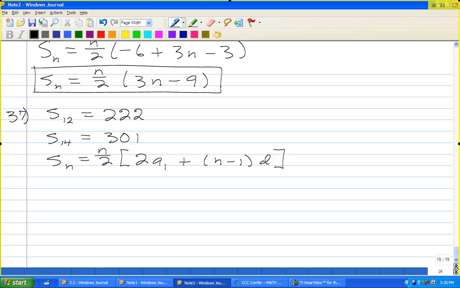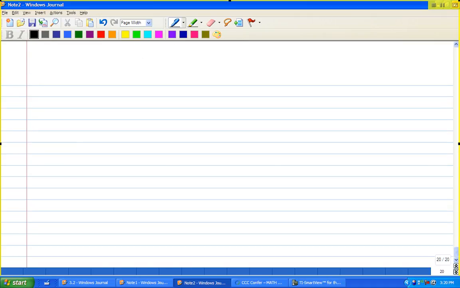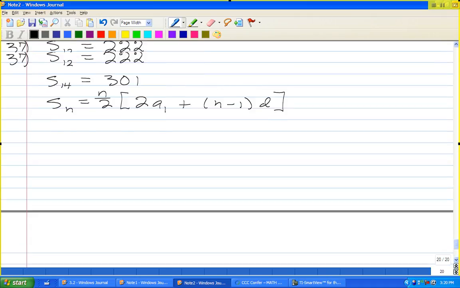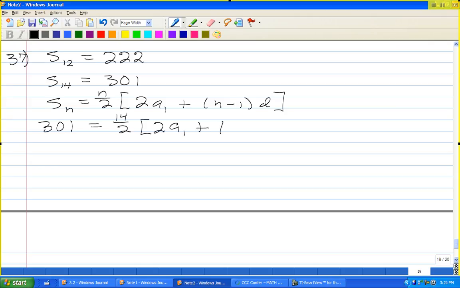Okay, so let's plug each of these in. So I know S sub 14 is 301. So that's 14 over 2 times 2 times A1, don't know A1. But the n here is 14, so I know that. I don't know what the common difference, d, is.